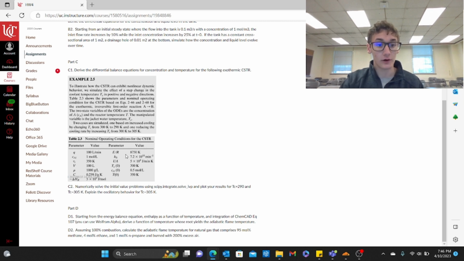Parameter E over R is a part of the rate reaction, which will be shown up on the board shortly, along with K naught, which is another thing that goes into that formula. UA is a very advanced type of formula that states a few things.